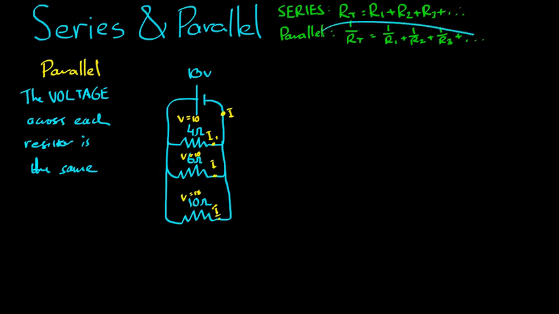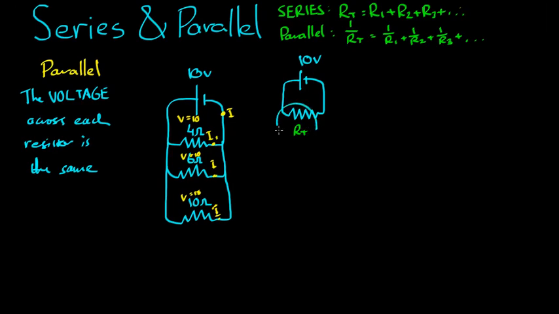Let's first of all solve it by using the holistic approach and drawing what the battery feels. So the battery feels something like this. It knows it's here, and then instead of feeling these parallel resistors, it just feels a big resistance on itself. So the battery was 10 volts, and it's feeling this RT down here.